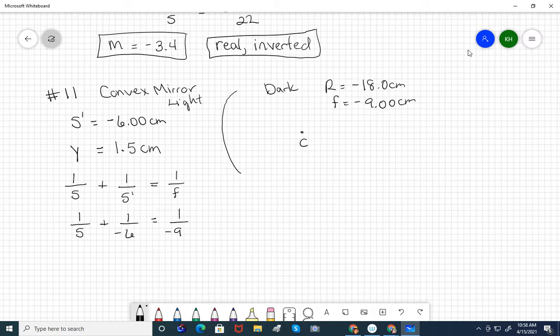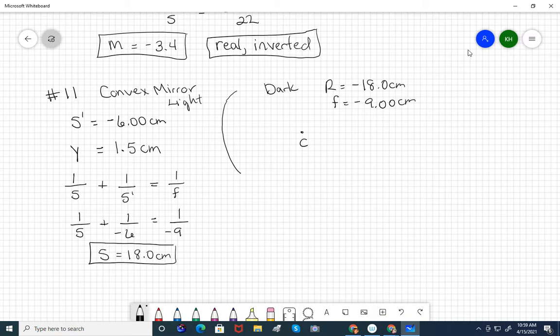So that's going to be negative 1/9 plus 1/6 when I'm solving this. Take the inverse, and I get that S is 18 centimeters. So the object is located 18 centimeters in front of the mirror.